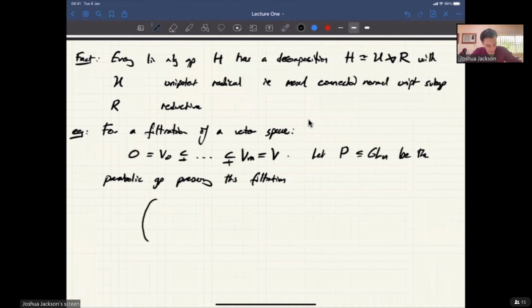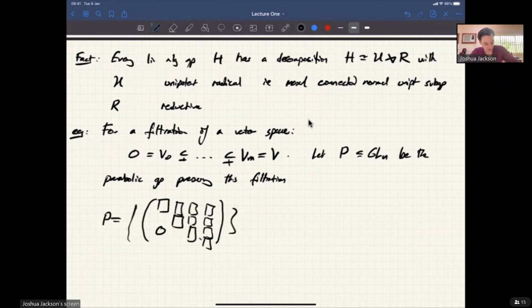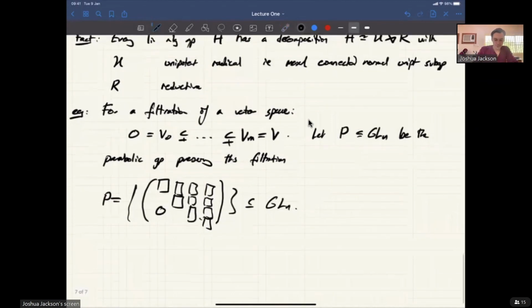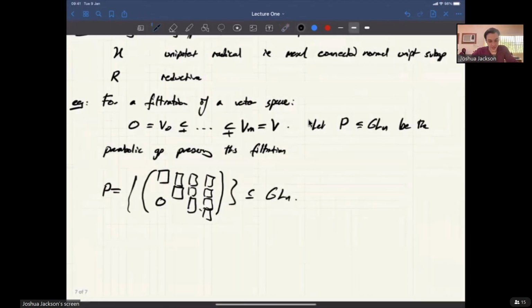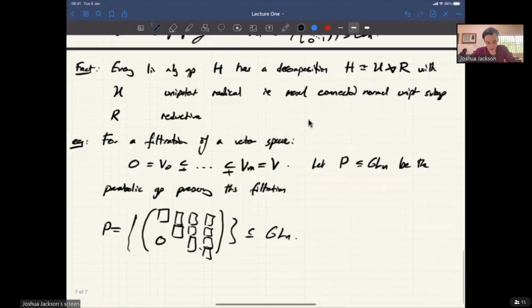Let me try to give you a sort of picture of that. It's going to look something like this, with zeros down here. So how can we see this decomposition for such P?